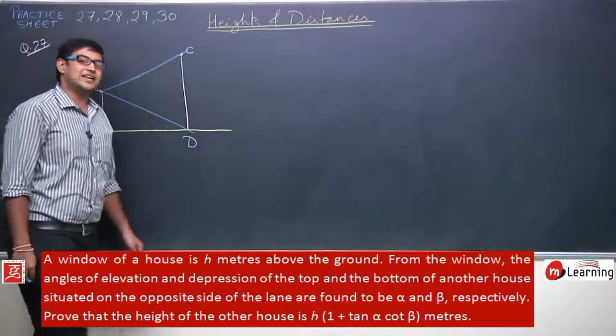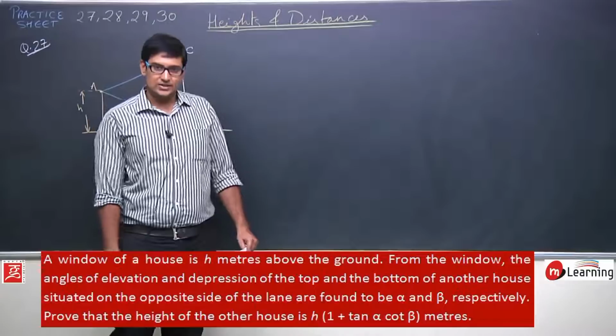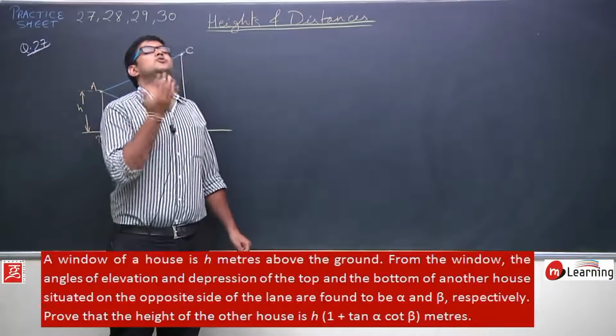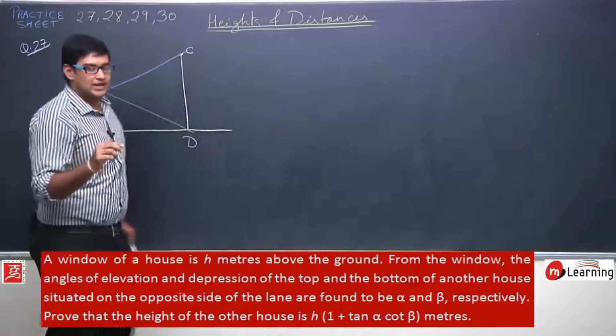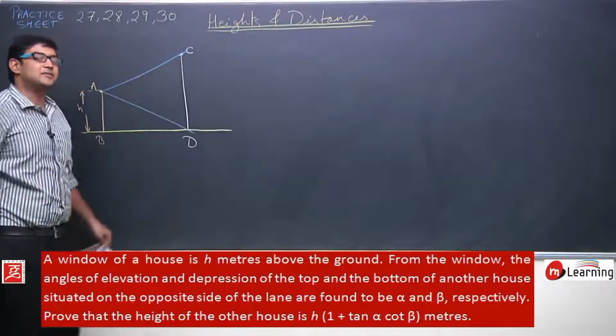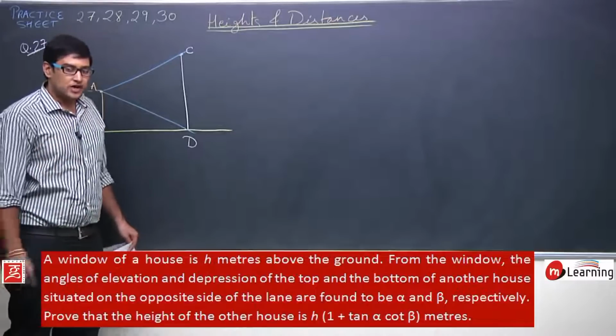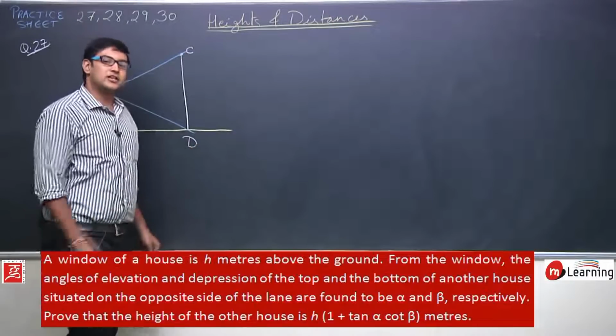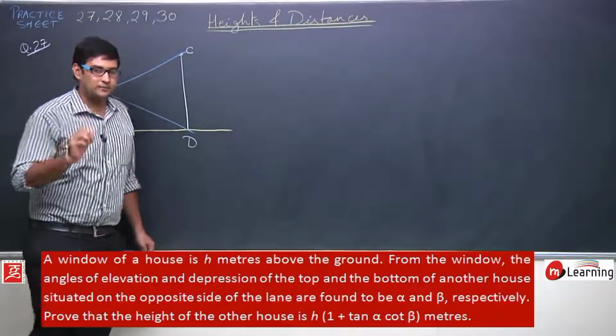Now, in which case will there be an angle of elevation? The angle of elevation means to move the head up. That's why I can easily say that to observe this point C, there must be some angle of elevation, and to observe this point D, there must be some angle of depression.